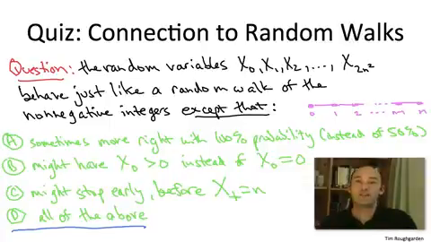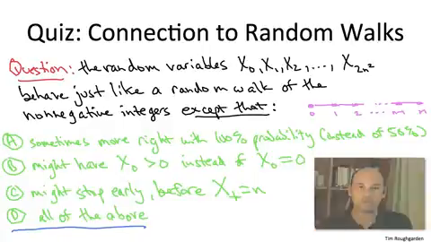Well, for this kind of execution of Papadimitriou's algorithm, the correspondence between the evolution of the random variables, the x sub t's, and a random walk on the non-negative integers is perfect. The two random processes are identical under this worst case set of circumstances.